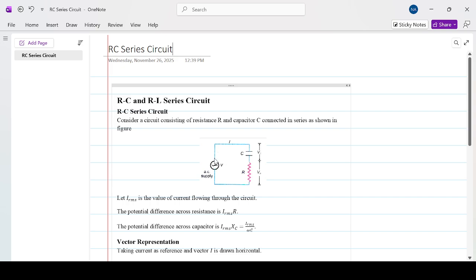When this alternating voltage source is applied, a current I flows through the circuit. We take this current as IRMS, and as a result there would be a potential difference between these two components, which we designate as VRMS.